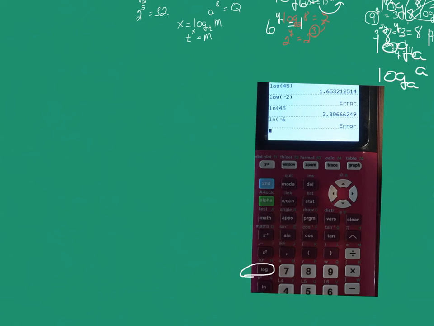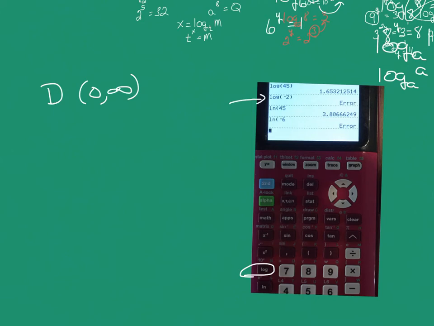Now notice the log of -2, we got an error. That's because the domain for the logs was 0 to infinity. If you have a positive base, there's no number that you can raise that to and ever get a negative number. The domain was always positive, so that's why this value is an error.